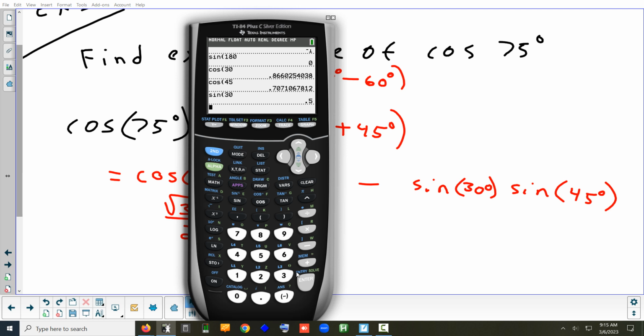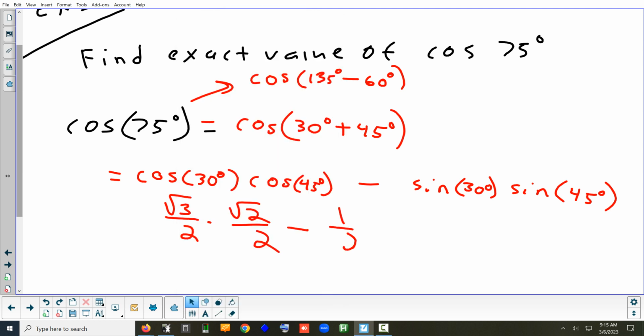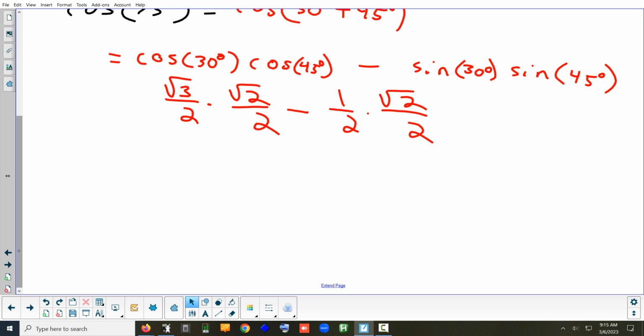Sine of 30, we're just going to put 1/2. And does anybody remember the sine of 45? We did that a couple of problems ago. Yeah. Square root 2 over 2. Yep. Okay. So let's multiply it together and see what we get. What do you get when you multiply together what's in that box?